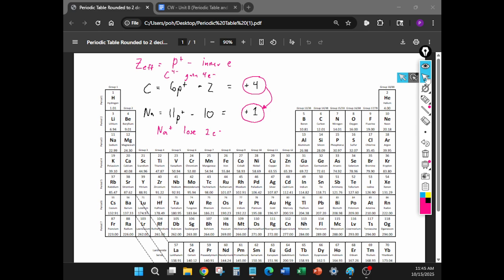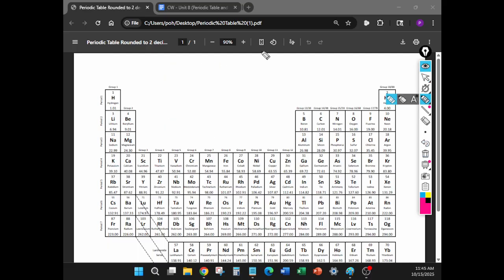There is one other thing we need to know about Zeff. Up until this point, we have been looking at the Zeff of valence electrons.